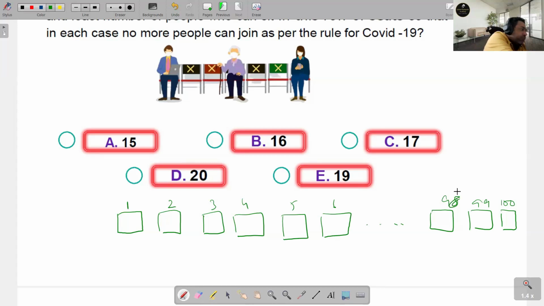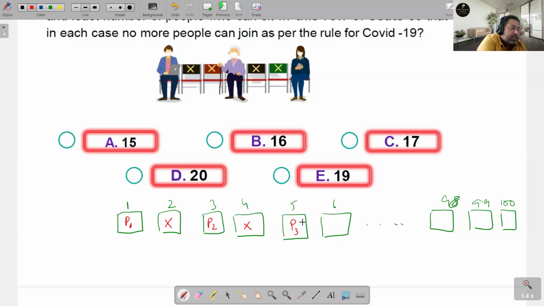If the first person comes and sits here, let's say P1, nobody can sit next to them. In that case, the second person can come and sit here, P2, and then again if you leave a blank seat, you can have P3 like this. This will be the maximum number of people who can sit.